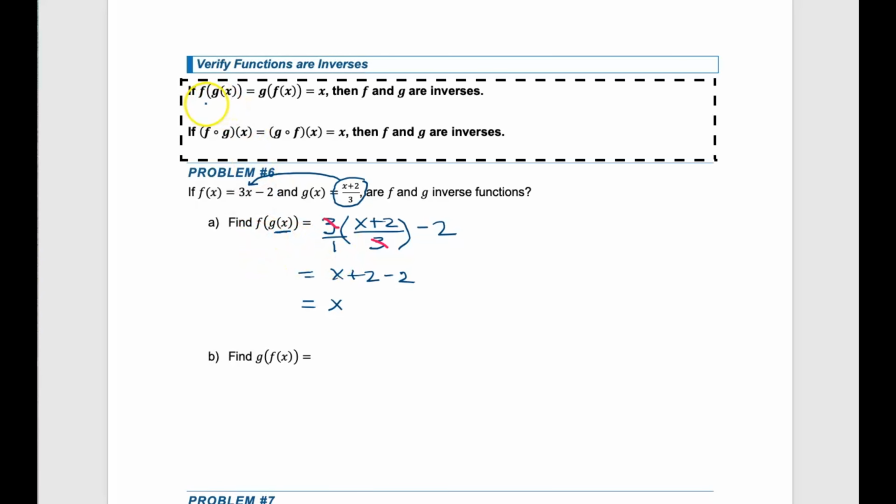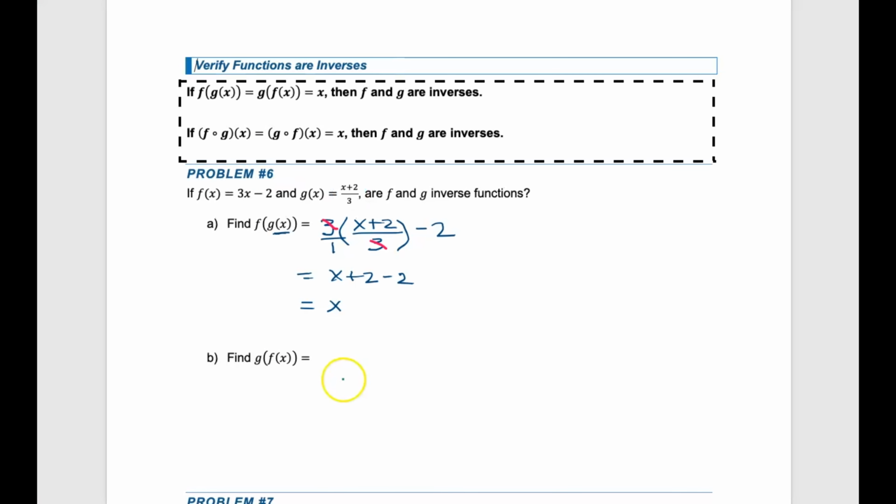We can see that in one direction, f of g of x is x, but now we've got to check the other way. See if g of f of x also equals x. So this time we're going to put 3x minus 2 in place of x. So we have 3x minus 2, and then plus 2, all divided by 3.